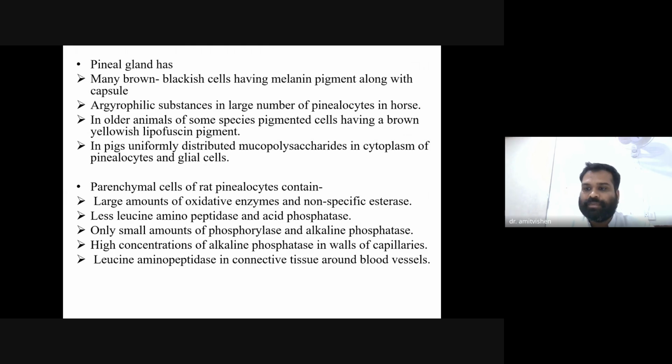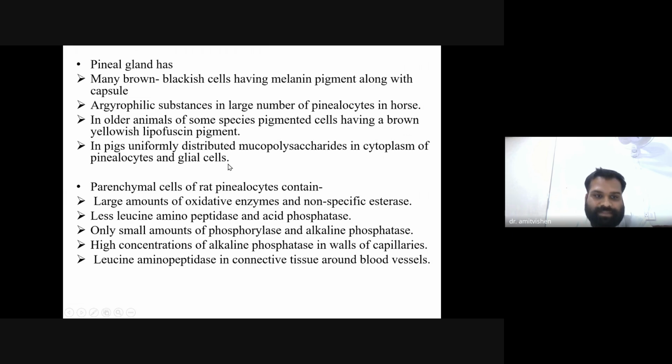In older animals of some species, yellowish lipofuscin pigment will also be present in the histology of the pineal gland. In pigs, you will see uniformly distributed mucopolysaccharides in the cytoplasm of pinealocytes and glial cells.